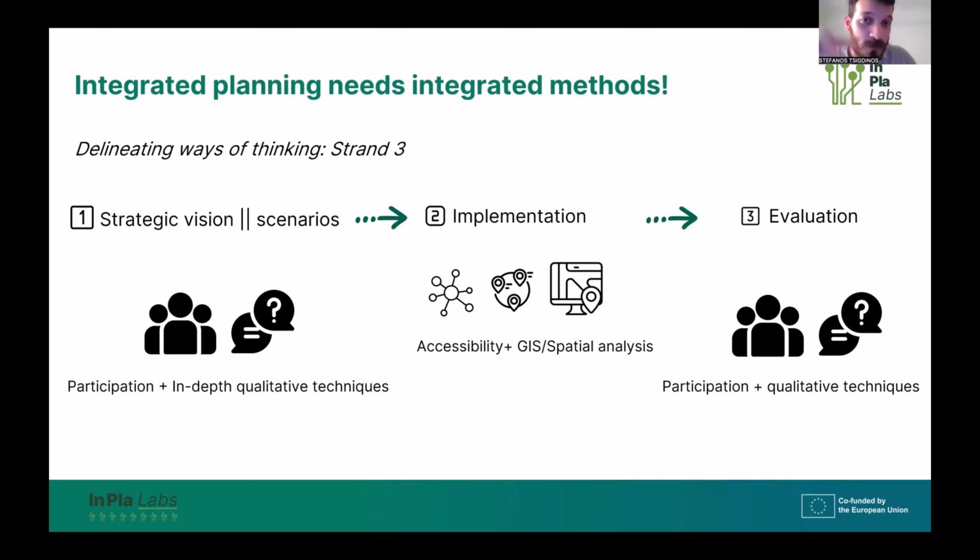But it's not the only correct one. There are 2 strands that I've described before. They are flexible enough, and they could also be used for our planning initiatives and schemes. But strand 3 is really important, because it completes the whole notion of integrated planning.